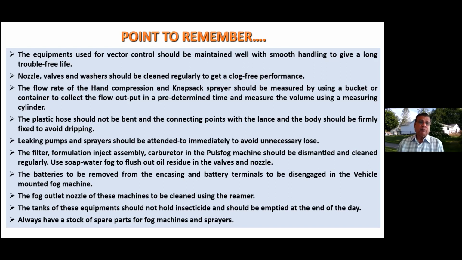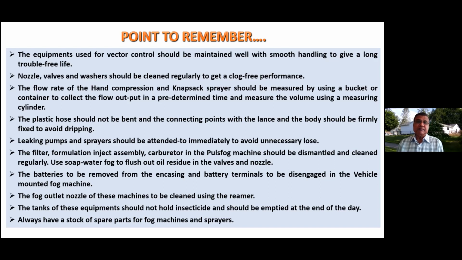Plastic hose should not be bent and the connecting points with the lance and the body should be firmly fixed to avoid dripping. The dripping will cost you a lot. In fact, we have calculated using Bacillus thuringiensis, which is a very costly larvicide.